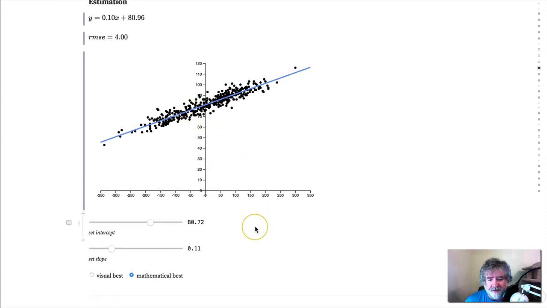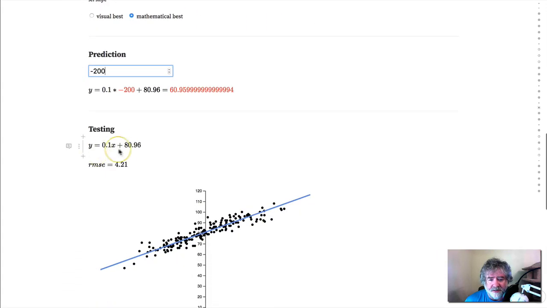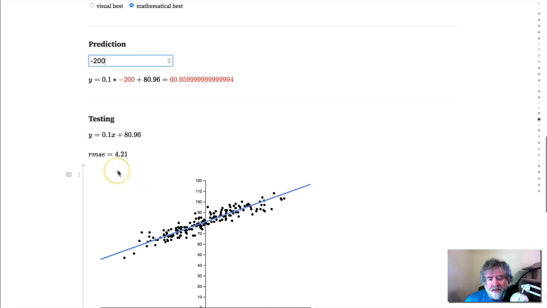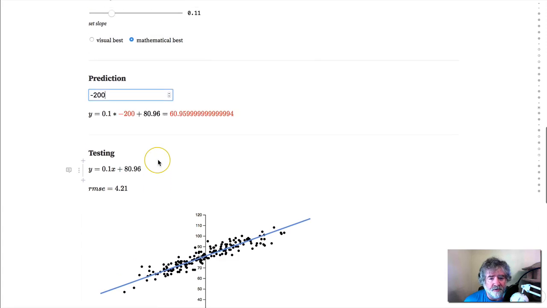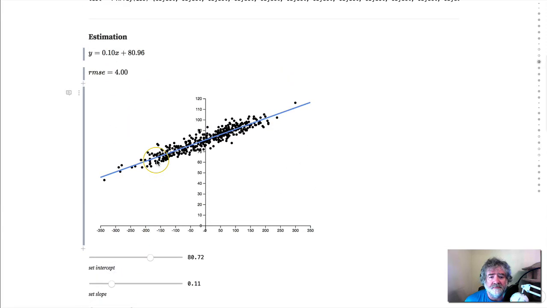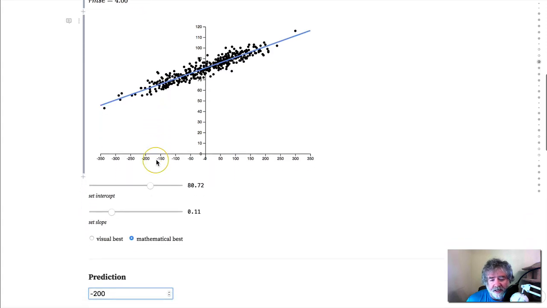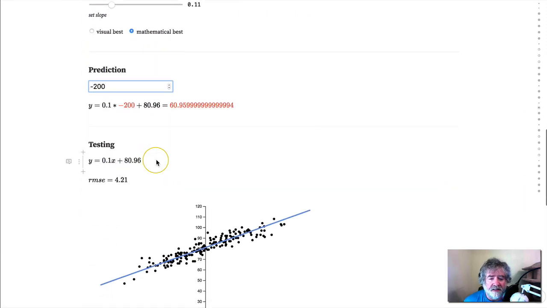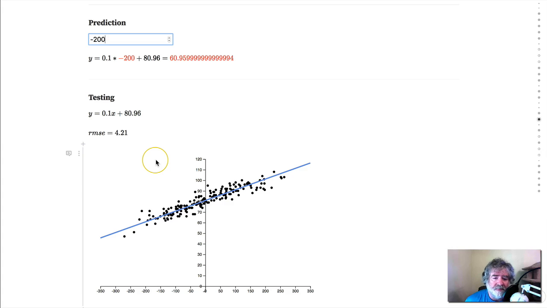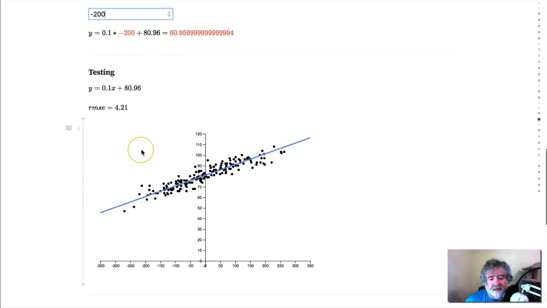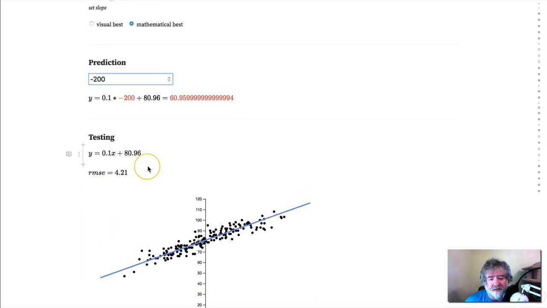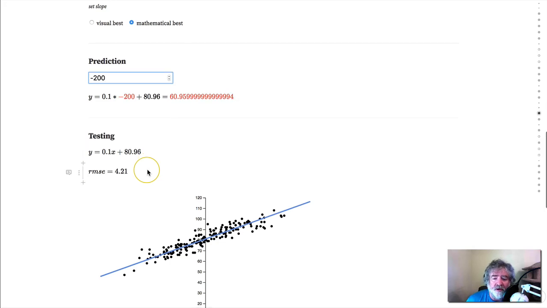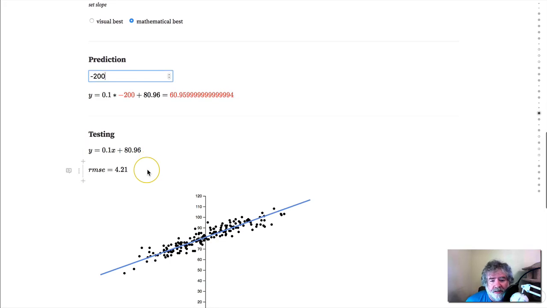So that's the equation that we're using. And here's how well the test set fits to that line, 4.21, which is really not too bad. I think that tells you that this is pretty good for prediction. It's going to work for future data sets.